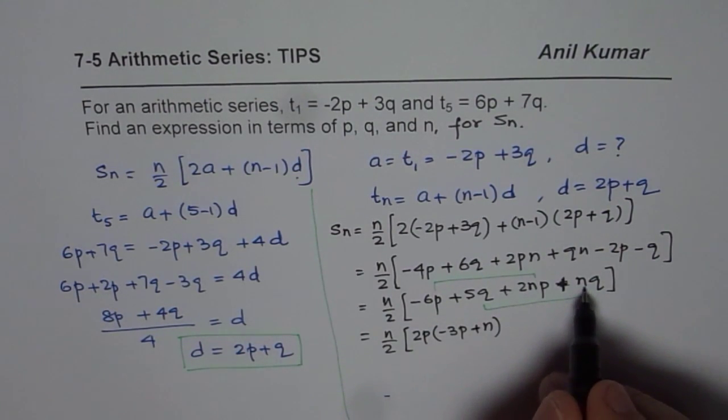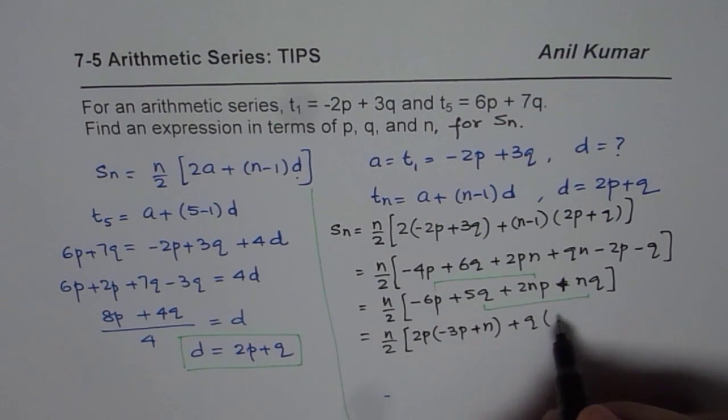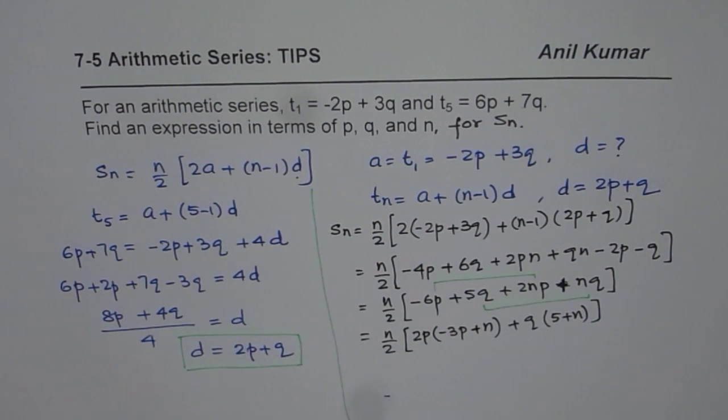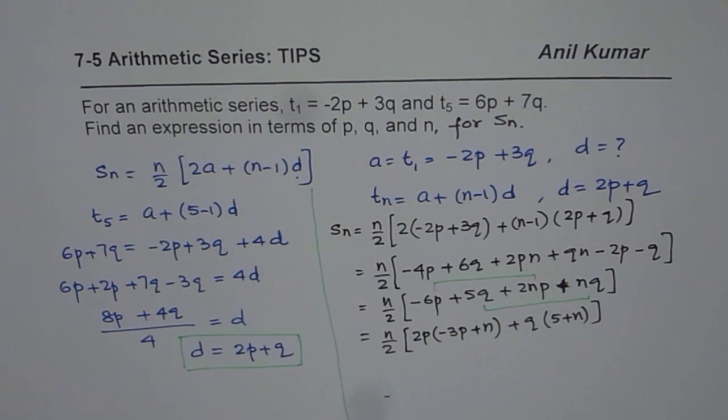And in this case we can take q common, so plus q times 5 plus n. So that becomes the general expression for the sum of n terms in terms of p, q and n. That is how we can write a general expression. I hope that helps. Thank you and all the best.